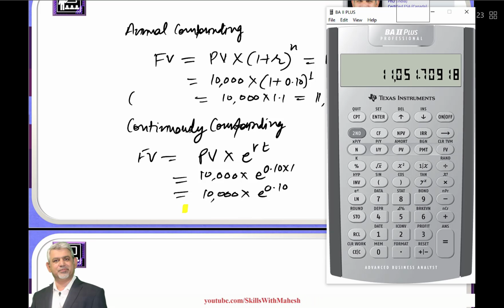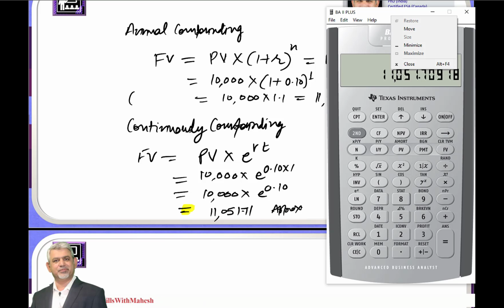So this is the future value, $11,051.71 approximately. So this is the future value of $10,000 if interest is compounded continuously and the stated annual rate is 10%.